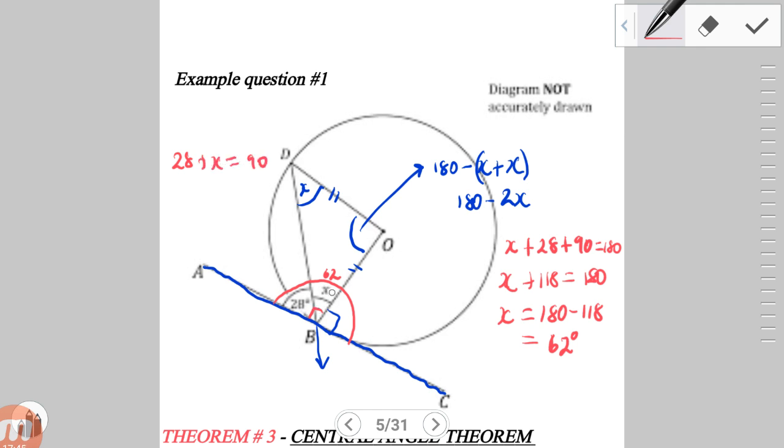So then X would have been equal to 90 subtract 28, which you're going to find here that the answer is 62 degrees. So that is how you can use and manipulate the diagram to get the angle that you're in search of.